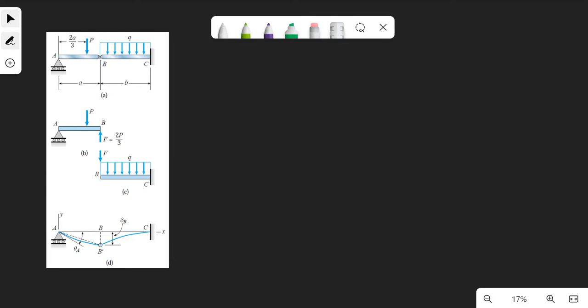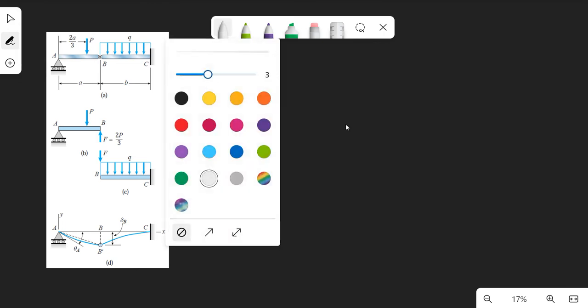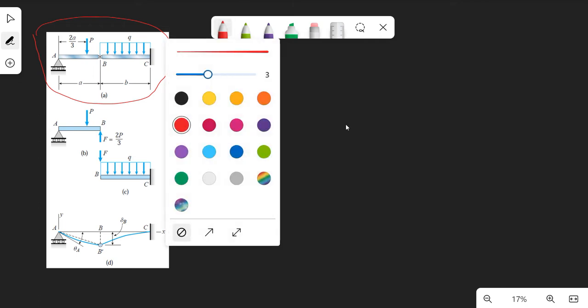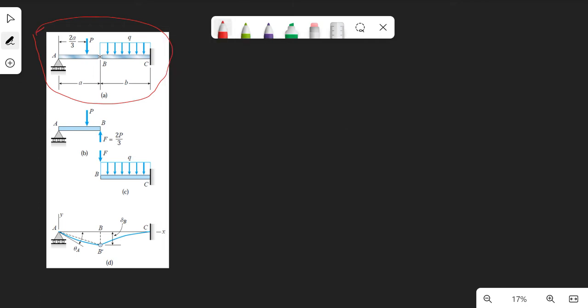Okay, we continue with the superposition method. This method can be applied very widely. For example, in this case, this is a hinge here, so it looks very complicated.